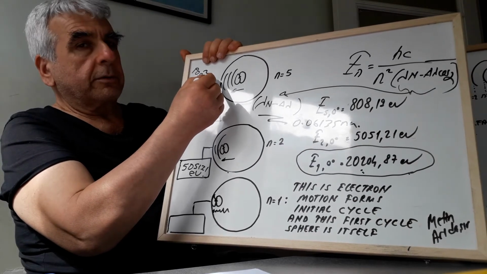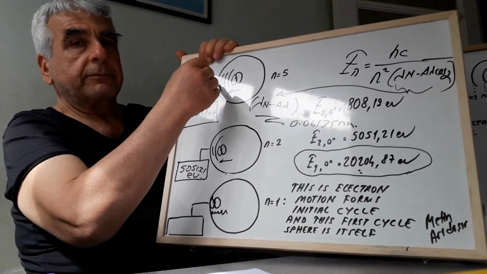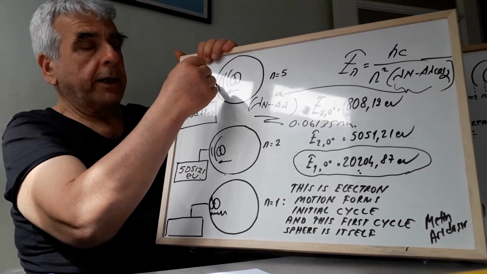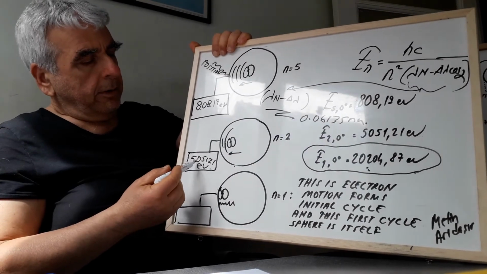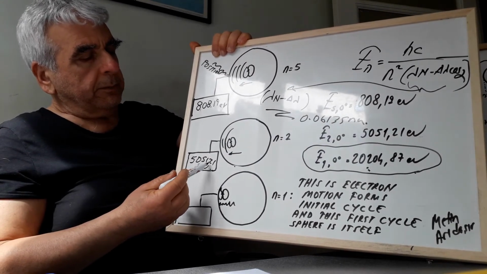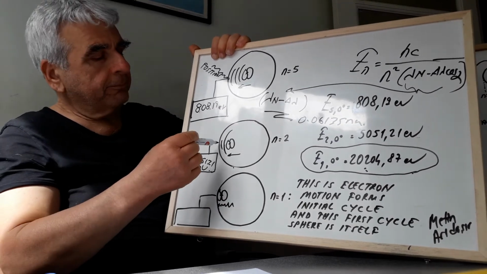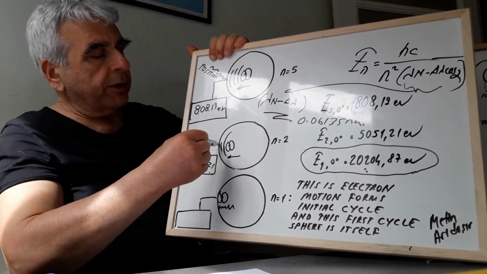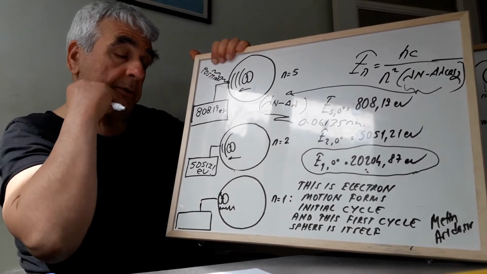There is no electron motion form at that position for now. Not yet. No, 5051.21 eV. No, not yet. At that point, that position, there is no electron motion form.